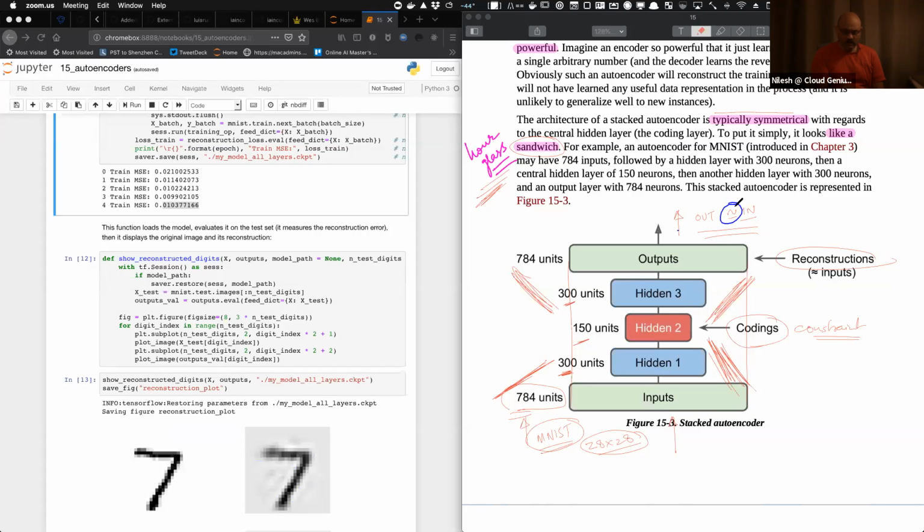This machine has no idea whether it is a 7 or a donkey. It has no clue, but it is able to reproduce and actually create an image that looks like what you fed it. If I put Nilesh's picture here, you will get something that looks like Nilesh, provided your data set is actually a set of people that look like people. Actually, you can feed any data set.